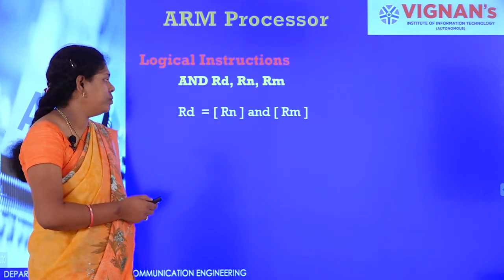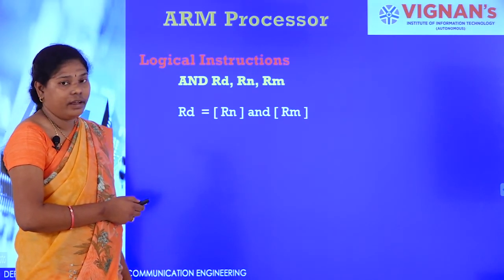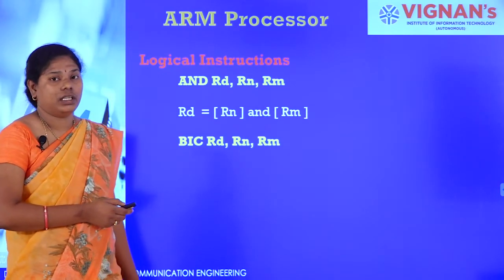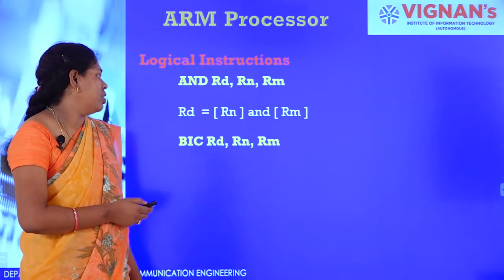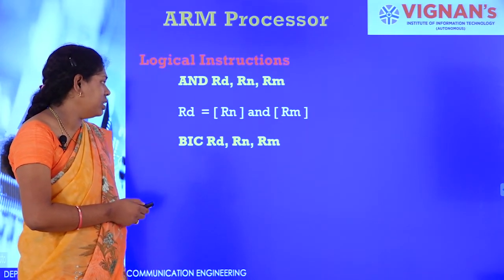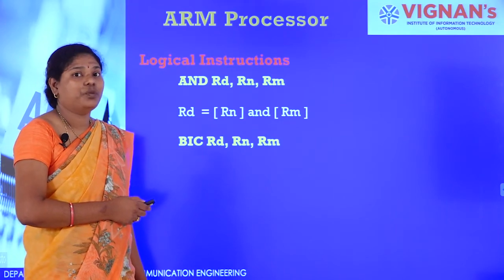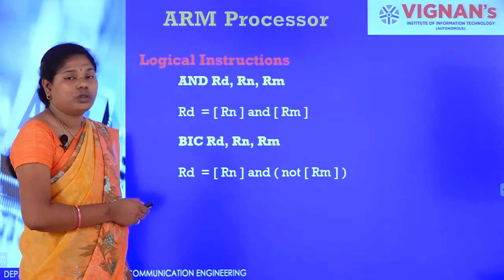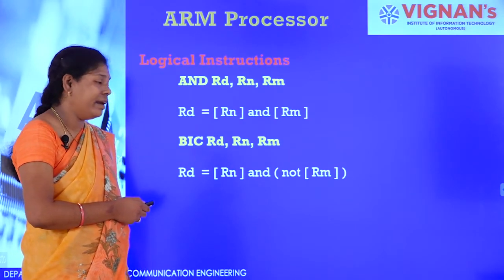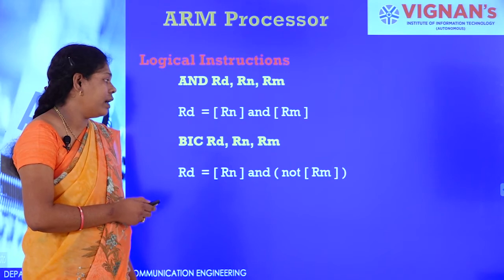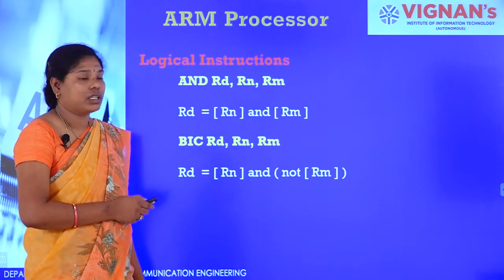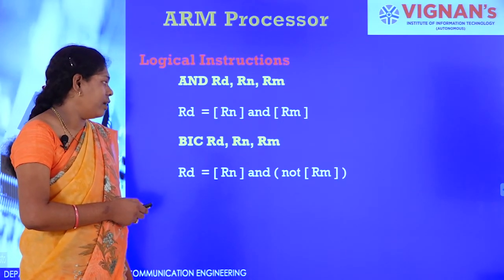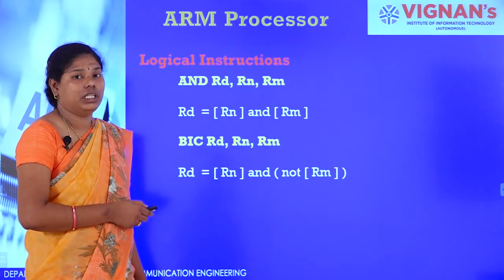Rd equals the content of Rn AND the content of Rm. Next, BIC, bit clear. Bit clear is basically an AND operation with complement. Here Rd equals the content of Rn ANDed with Rm, but before ANDing, the content of Rm will be complemented. Then it will be ANDed with Rn. That is bit clear.